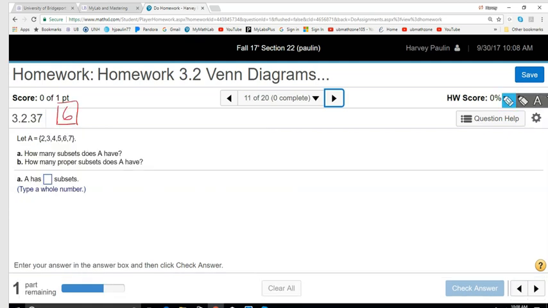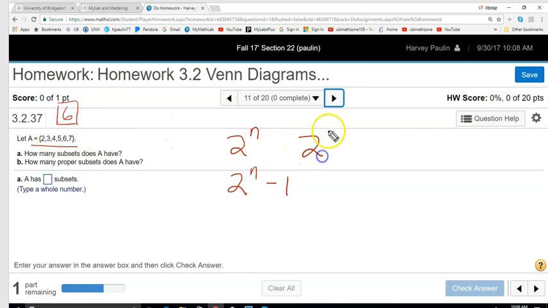Now, for number 6, background would be, how many subsets does this set A have? Well, the formula for subsets we said was 2 to the n power. And then later, how many proper subsets? That would be 2 to the n power minus 1. So we count the number of elements, 1, 2, 3, 4, 5, 6.